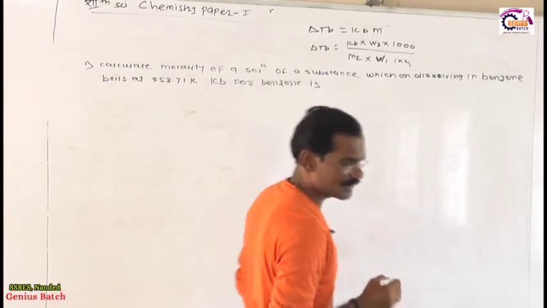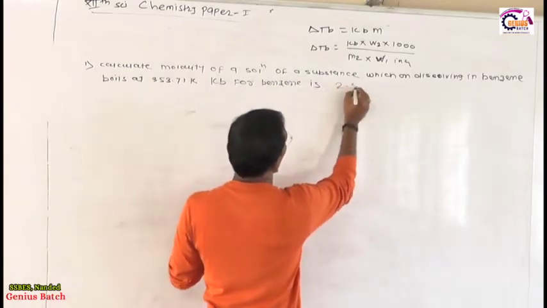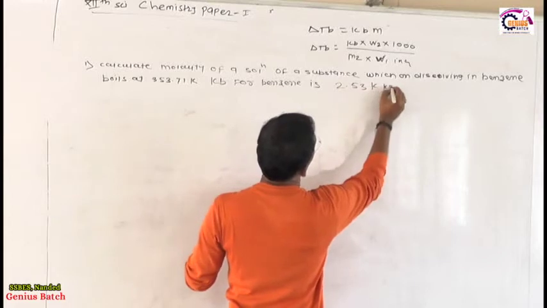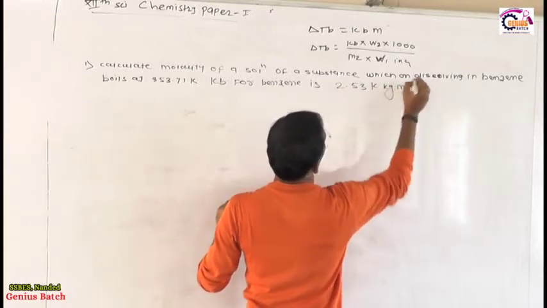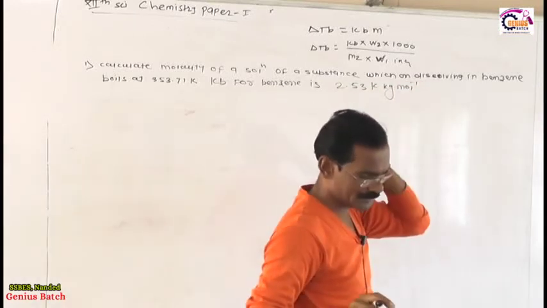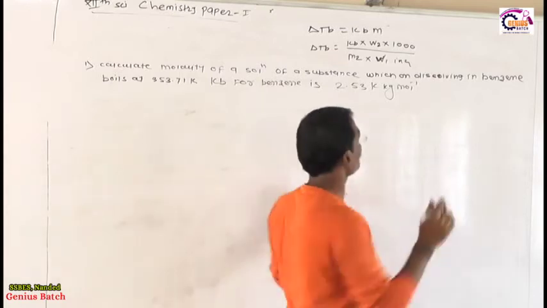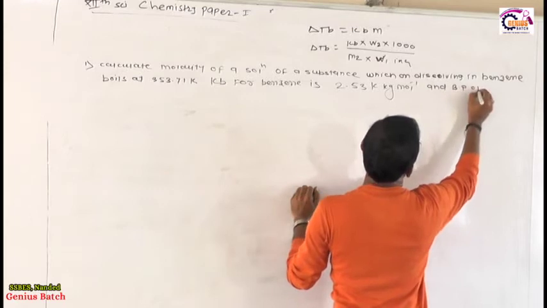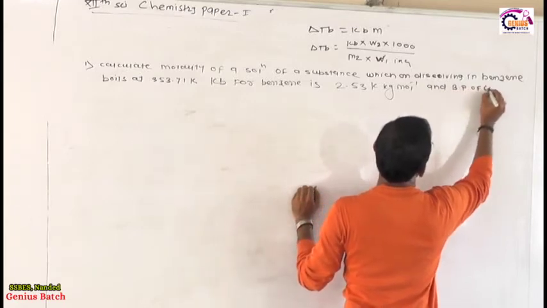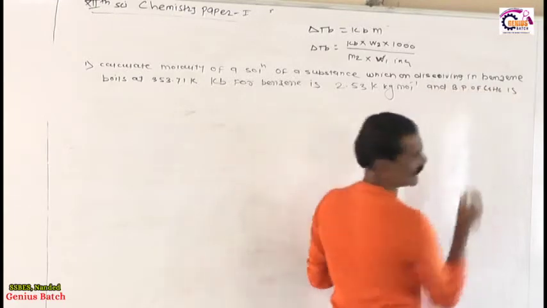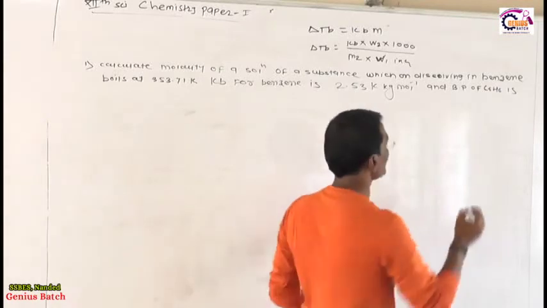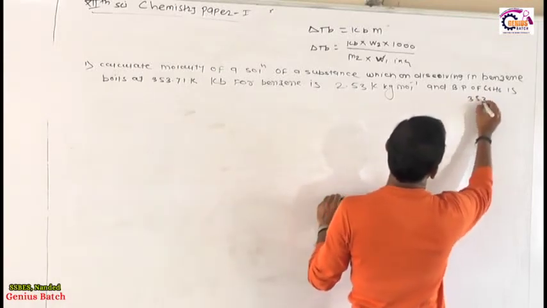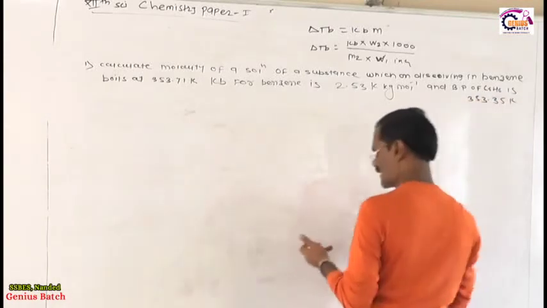You know the unit of Kb is Kelvin kilogram per mole. And the boiling point of pure benzene, C6H6, is given as 353.35 Kelvin. So this is the problem.